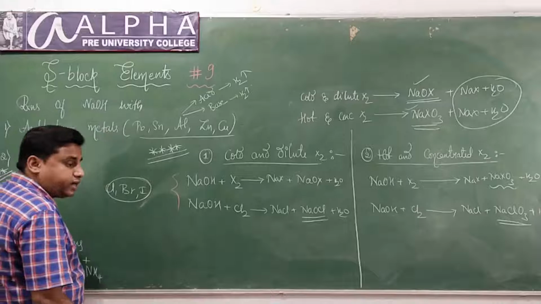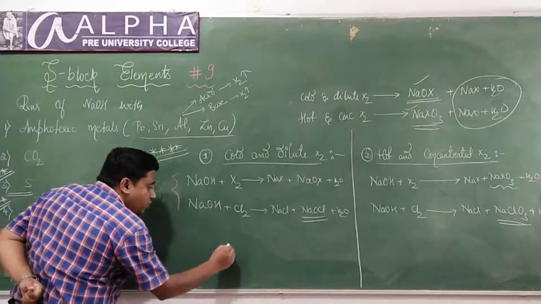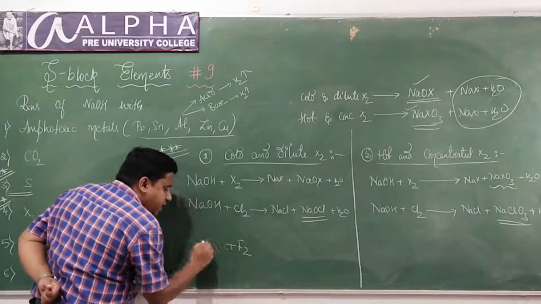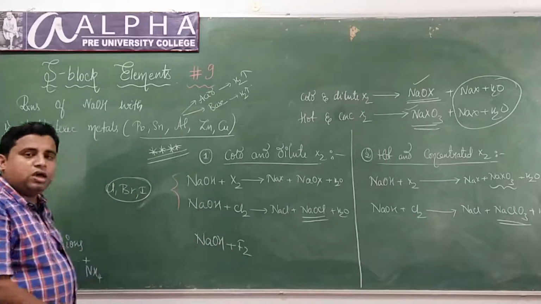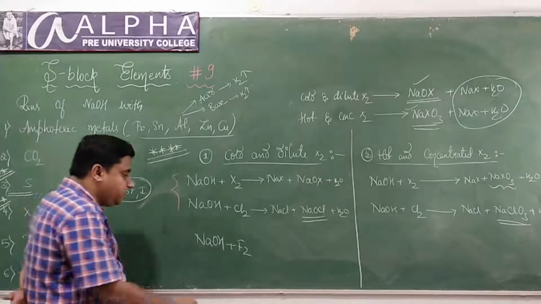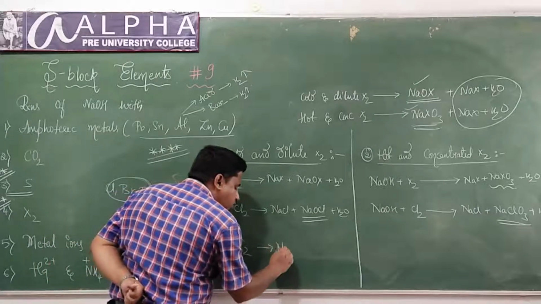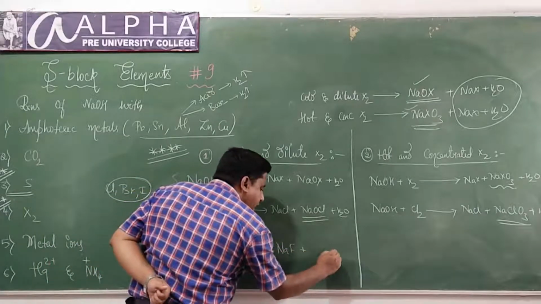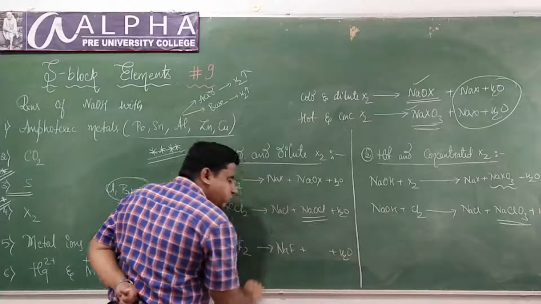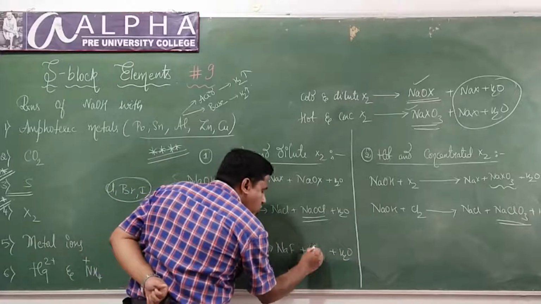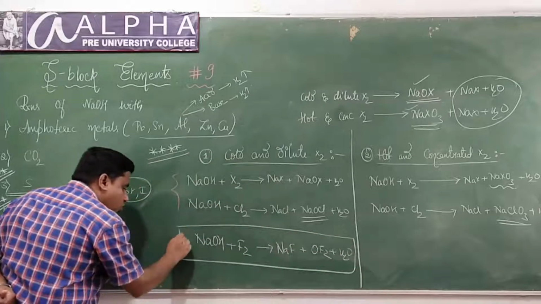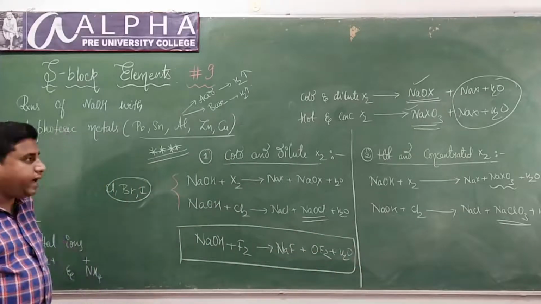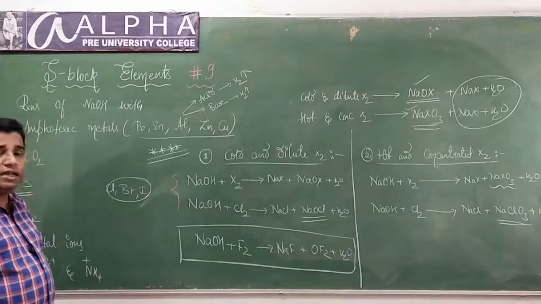Which are the different products here? Look here. When fluorine reacts with cold and dilute NaOH, no doubt it will form sodium fluoride and water. Along with sodium fluoride and water, you will get oxygen difluoride. Please note this point. You're going to get oxygen difluoride with cold and dilute NaOH.